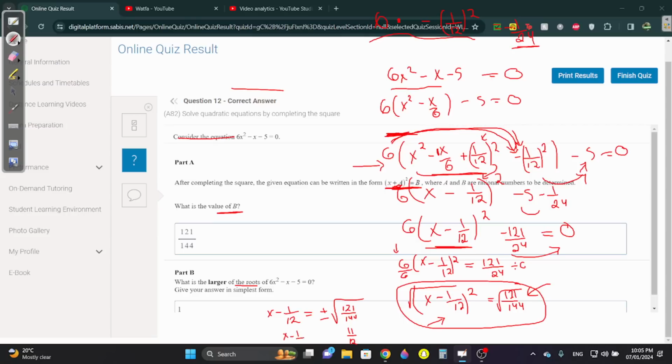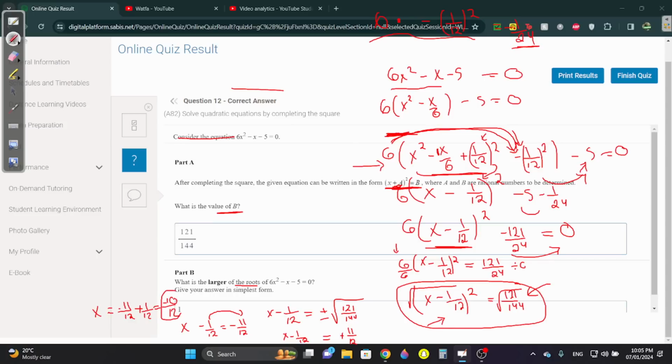So x minus 1 over 12 equals positive 11 over 12. And then also we have the negative one. I'm going to put it on the left because I don't have space. Equals negative 11 over 12. Take this to the other side. x equals negative 11 over 12 plus 1 over 12, which is negative 10 over 12.